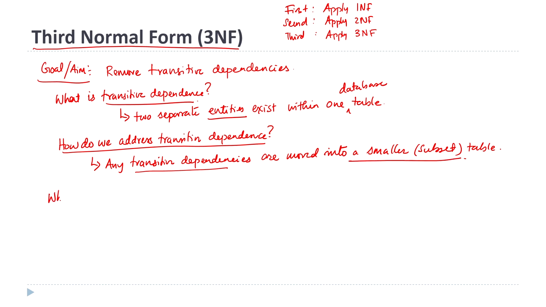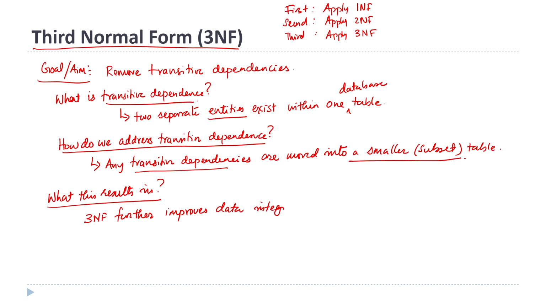So, what does the third normal form do? 3NF further improves data integrity, it improves data integrity more, which means again it prevents update, insert and delete anomalies.